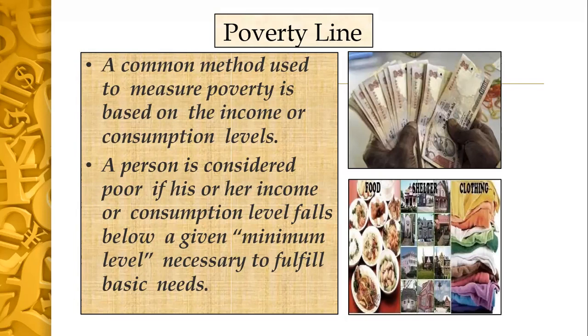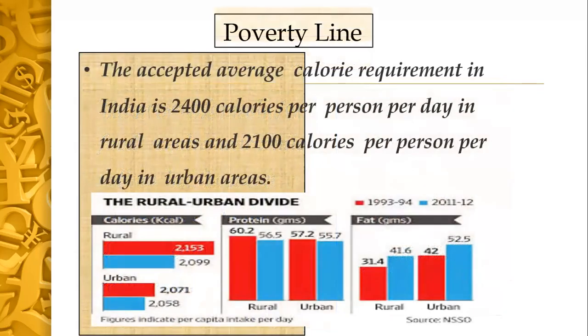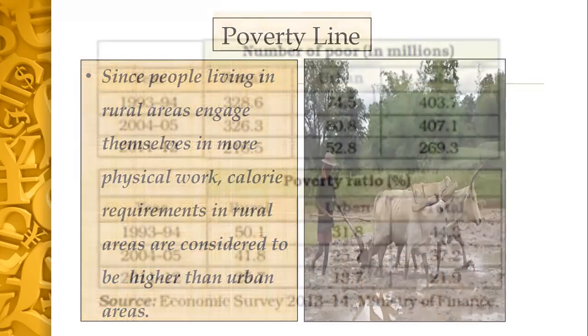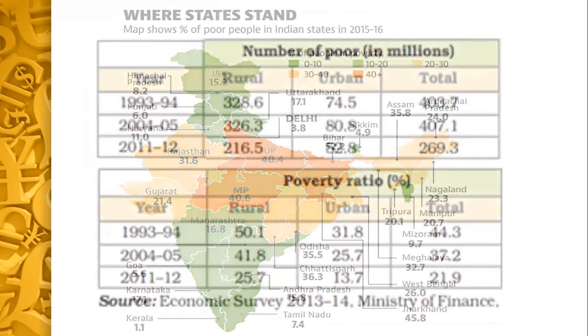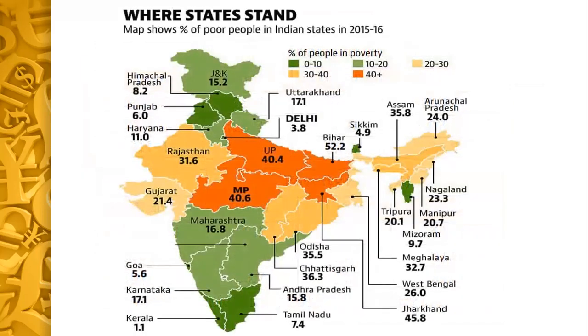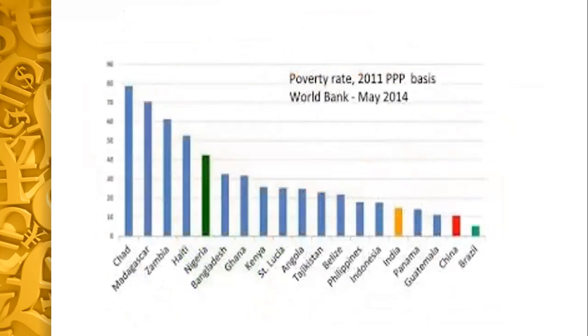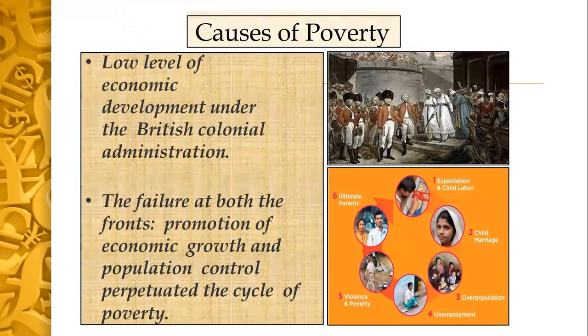Now, the people who fulfill the requirements of this purchasing power are regarded as above the poverty line. And the people who cannot fulfill the minimum requirements of the purchasing power are called below the poverty line. These people are called poor.